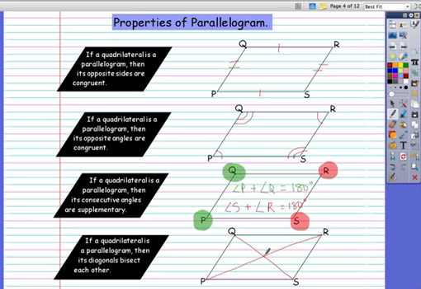It means that this point where they intersect divides QS into two congruent pieces, and it divides PR into two congruent pieces. So those are all of our properties of parallelograms.